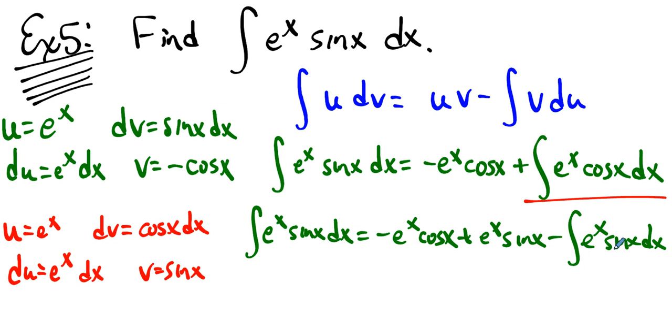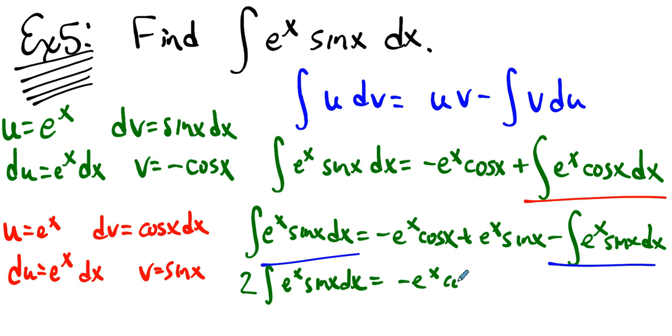Well, I don't know what to do with that. That seems a little weird, doesn't it? It's like we ended up right back where we started. And that's kind of the point. We end up back where we started. This is the thing that we're looking for. So if we bring that over to the left side, two integrals of e to the x sine x dx is this.